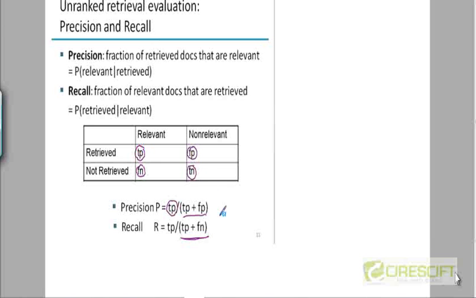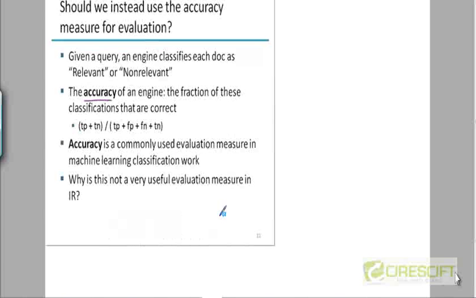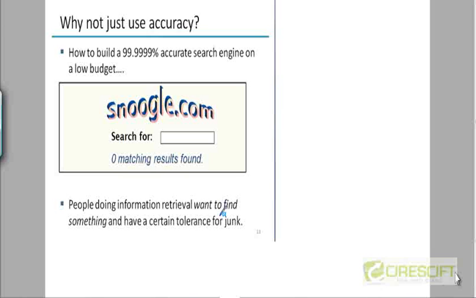So what's the problem if that happens? So the answer will always be close to one. I think accuracy will always be very close to one. Yeah. So even if you have a really bad search engine, let's look at a search engine like this, which does not return any results for any query.